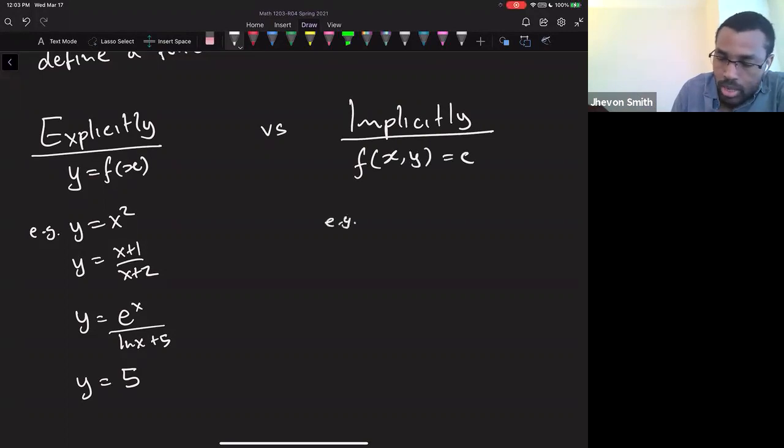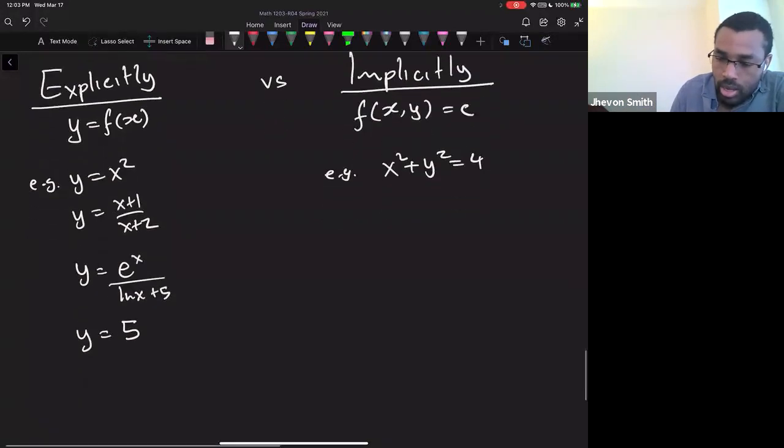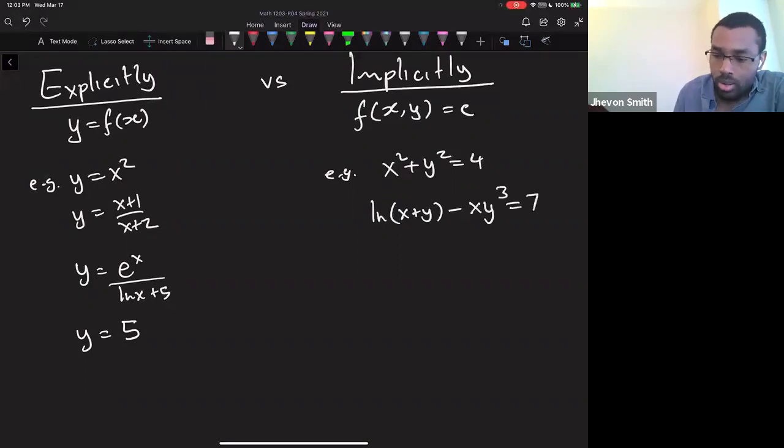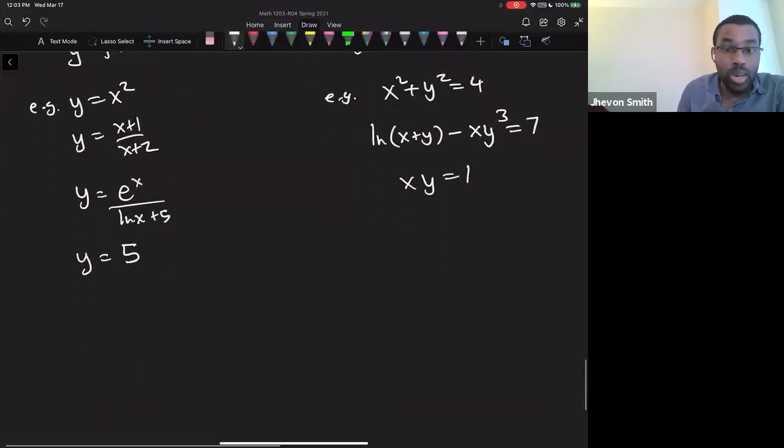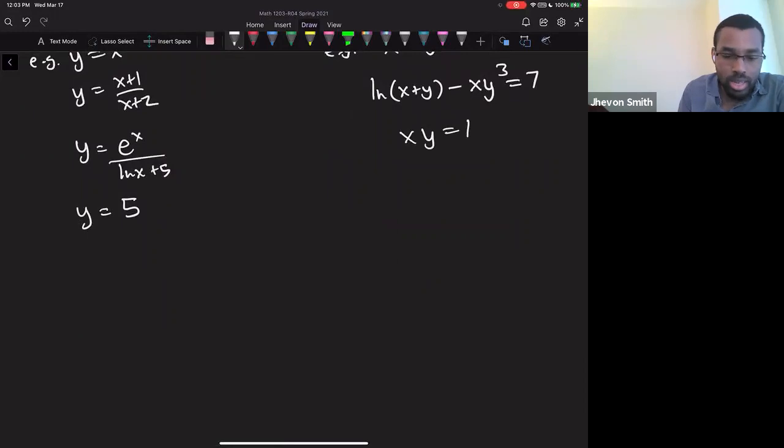An example would be x squared plus y squared equals 4, or ln of x plus y minus xy cubed equals 7, or, you know, xy equals 1. These are all implicitly defined functions. The y is not explicitly defined. It's not isolated on one side. You kind of have x's and y's mixed up together. So now here is the thing. We want to be able to find derivatives even in the implicit case. We actually know already how to find derivatives in the explicit case.